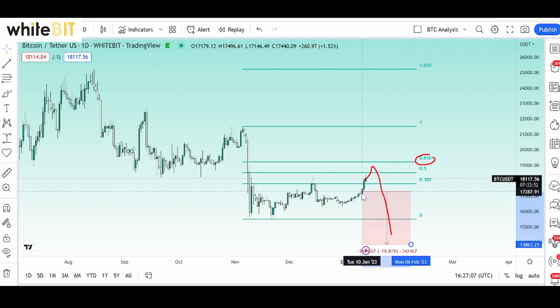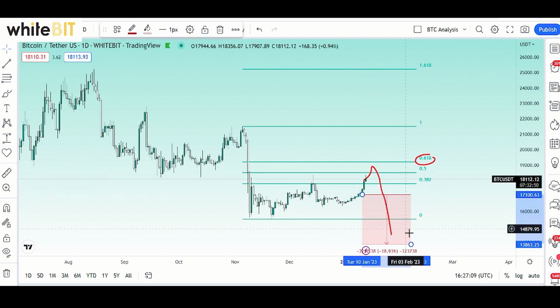Of course, my short entry was at $17,100. It's approximately 20%, and it's also appropriate for me. Of course, it's very bad for risk management. I understand it, but I am sure that the bull market has not started, and we will see this dump, and it was the start of the new bearish wave.